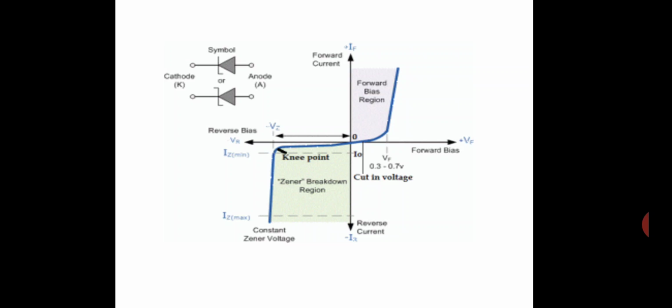What is the power rating of a Zener diode? The maximum power a Zener diode can dissipate is given by the product of the voltage across the diode and the current flowing through it. Typical values are 400 milliwatt, 500 milliwatt, 1 watt and 5 watt. For surface mounted devices, 200 milliwatt, 350 milliwatt, 500 milliwatt and 1 watt are typical.